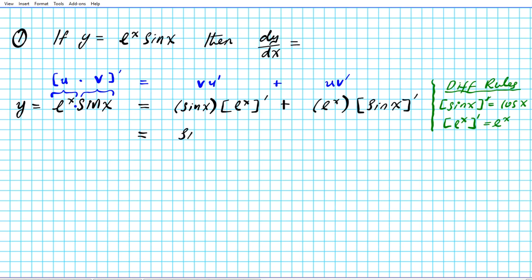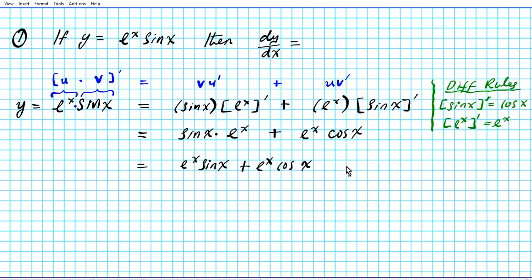Sine x, we bring that down. The derivative of e to the x is just what? e to the x. Plus e to the x, the derivative of sine x is cosine x. Let's rewrite. In order, we have e to the x sine x, plus e to the x cosine x.